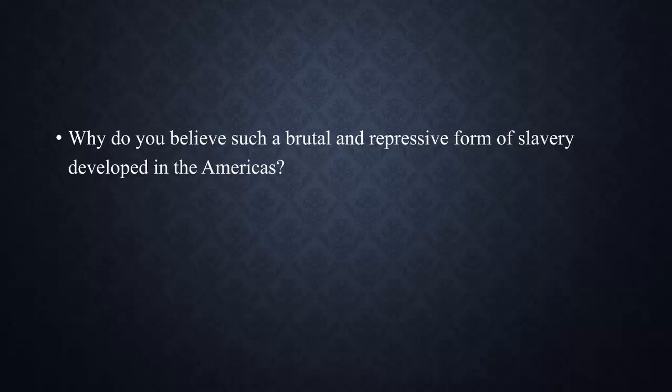And all this comes together in these locations in the Caribbean, in the British colonies, to form what is often considered a slave society, a society that is essentially built up and supported by the labor of enslaved peoples. There have been various slave societies throughout history, and when you have a society that is completely dependent upon slave labor, that system becomes a lot more harsh, a lot more rigid, and a lot more brutal than if you're just in a society where slavery is allowed, but it's kind of mixed in.